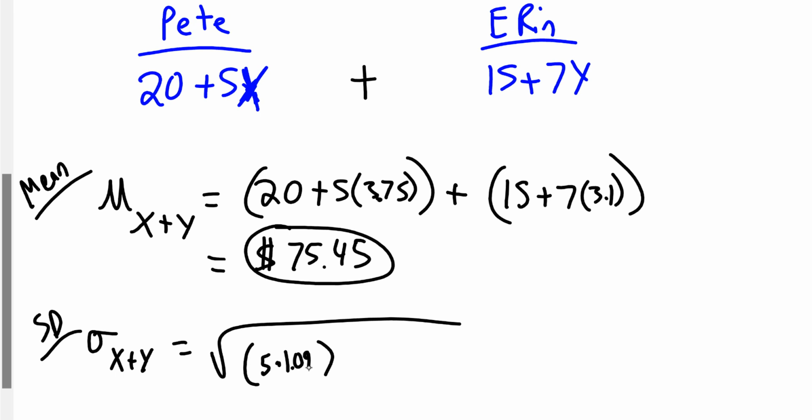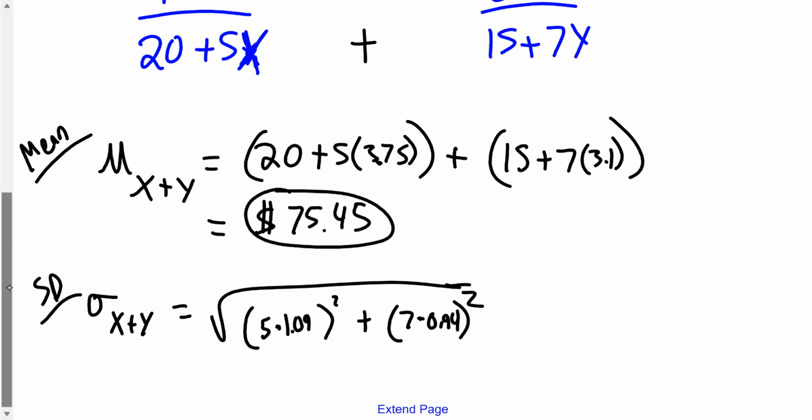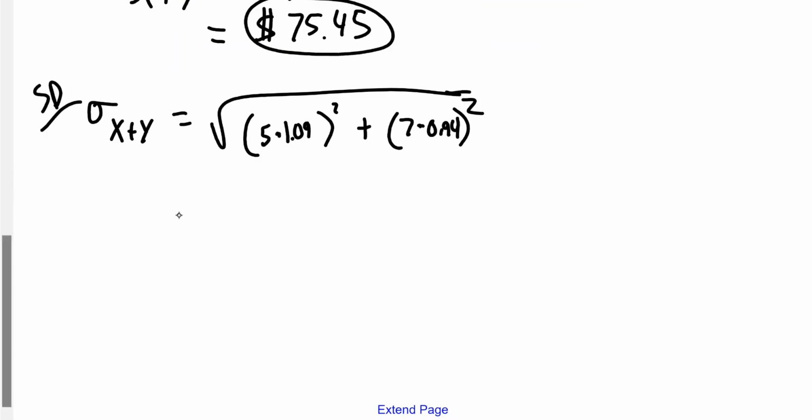We don't have to add that 20 because it's not impacted by adding. That doesn't change the spread. So it's that squared. For Aaron's, it's going to be 7 times 0.94, and that's going to be squared. And if I add those up, take the square root of that, I will get my standard deviation, which I got to be $8.54.